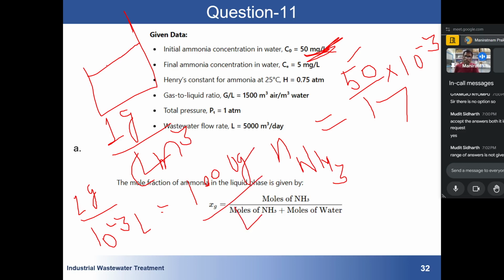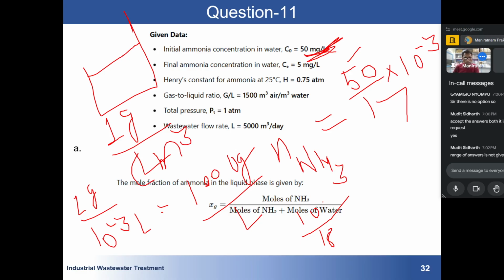So you know that in 1 liter you have 1000 gram of water, and what is the molecular weight of H2O? That is 16 plus 2, that is 18. So if you divide 1000 divided by 18, the answer is 55.56.